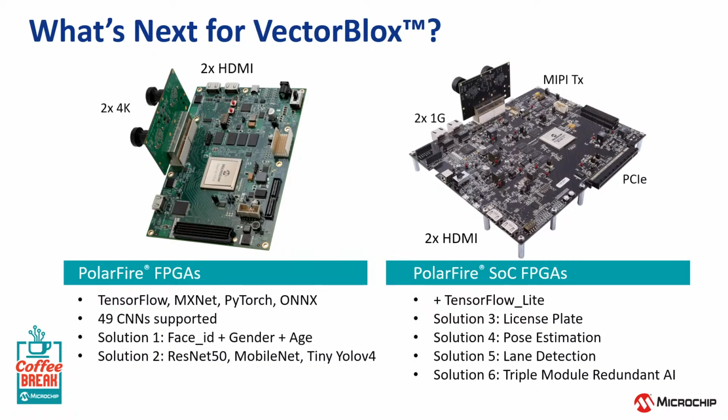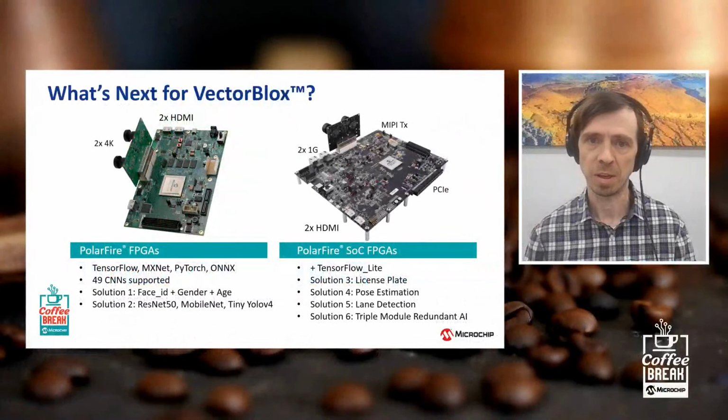On the right, we have our newer FPGA, PolarFire SoC. SoC meaning system on a chip. This one has 4 hardened RISC-V processors, so you can do a lot more in software along with the FPGA. For instance, you can run Linux on this, so it can make things easier to develop.